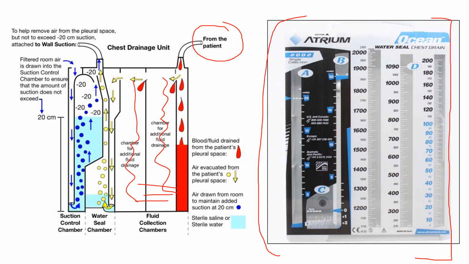So on your shift, you're going to mark with a Sharpie your level. Okay, so the time, date, and initials. So this is something you want to check and report. So if the nurse is saying, yeah, patient has a chest tube, I had 200 mLs of fluid out, okay, maybe serosanguineous fluid, you want to go to the chamber with the nurse and just make sure that they documented their line here, because sometimes you go and they said, oh, I had 200 mLs out, and then when you go it still has the line from the previous night shift or day shift or whatever.